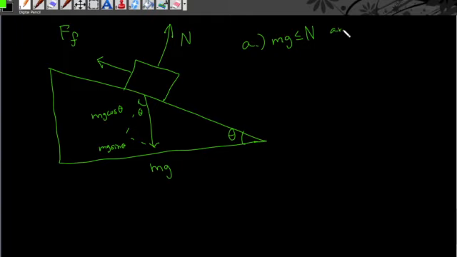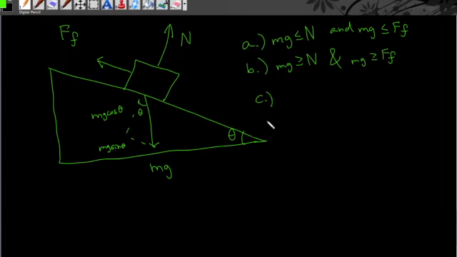And also it says that the gravitational force is always less than or equal to friction. Okay, B says gravitational force is always greater than or equal to normal force, and that it's always greater than or equal to the friction. And from what I know, I'm almost certain it's B. But let's look at all the options.